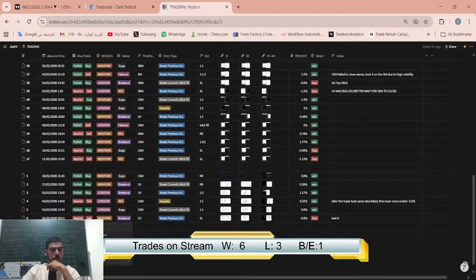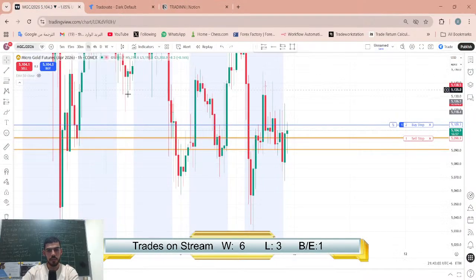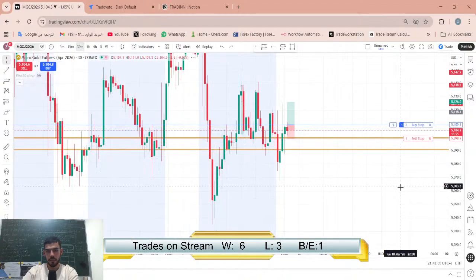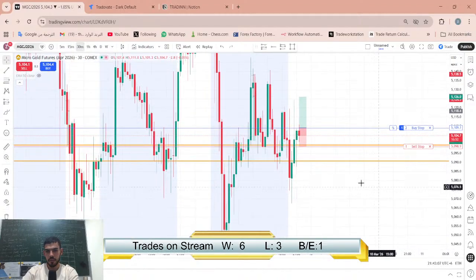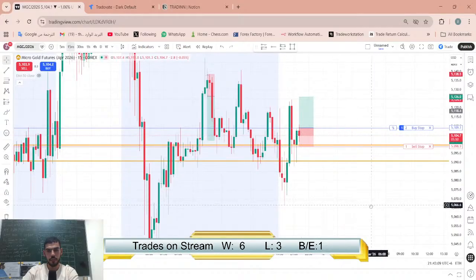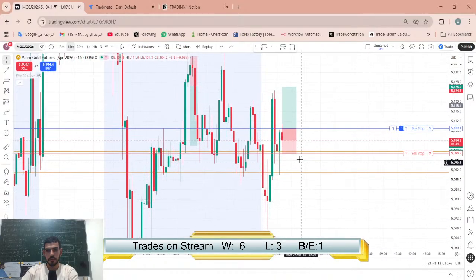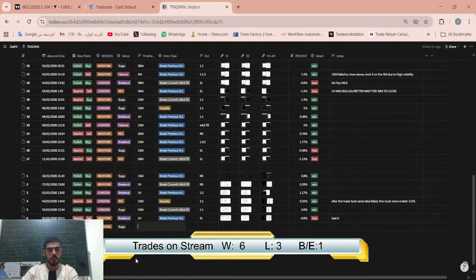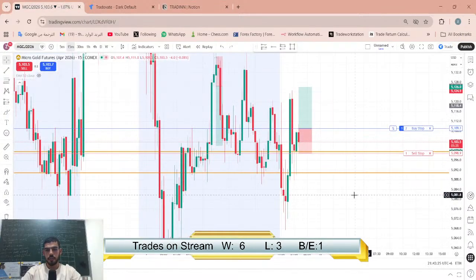So I think our bias was bearish and we took a buy. It's New York session. Support was being created on the 15 minutes. We entered on the break of the previous high low. Yep, and now we are waiting.